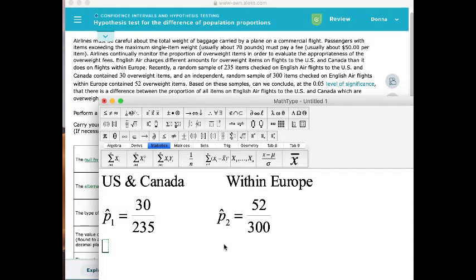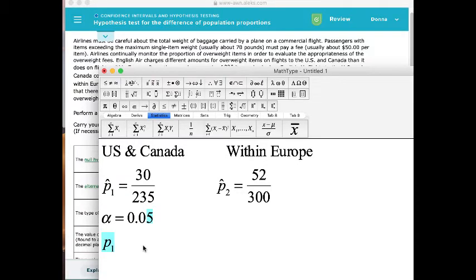Again, it says at the 0.05 level of significance, so that's alpha equal to 0.05. They want to know, is there a difference between P1 and P2? To say that there's a difference means that they're not the same.